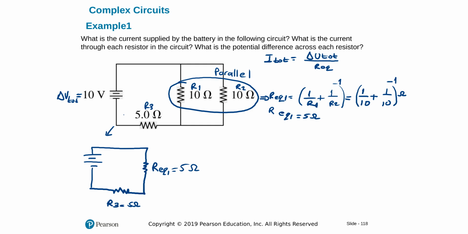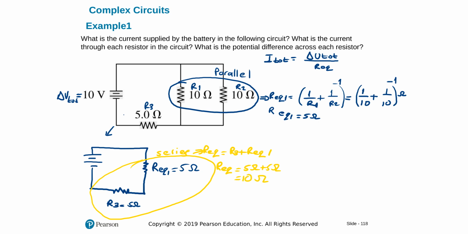Now what I have is two resistors in series, and I'm done with the R equivalent. They are in series, so overall R equivalent will be just adding them, R3 plus R equivalent 1. Total R equivalent will be 5 ohms plus 5 ohms, 10 ohms.